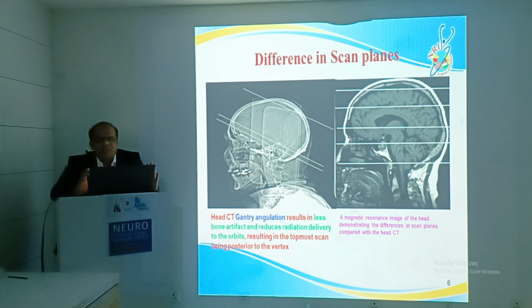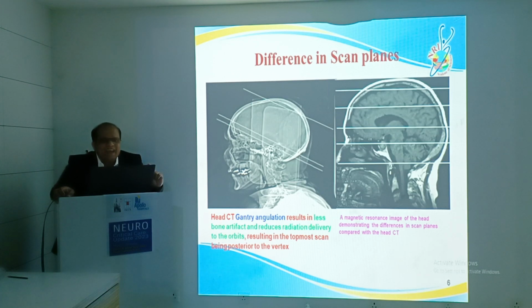While doing a normal CT scan, what usually follows is the gantry angulation. What is gantry angulation? It is the angle between gravity and the radiation direction, and it is applied only in CT scan, not in MRI.